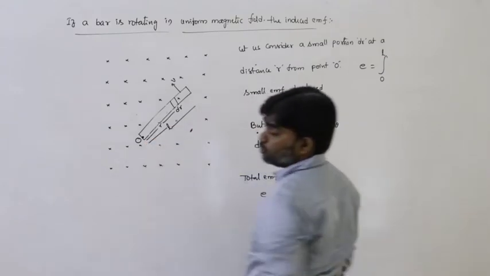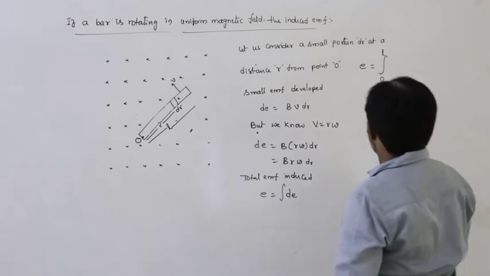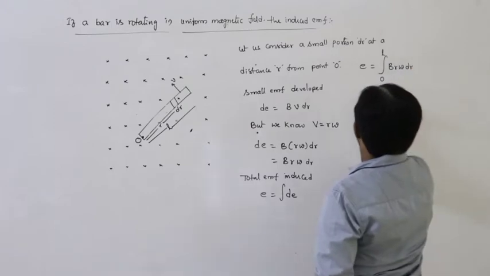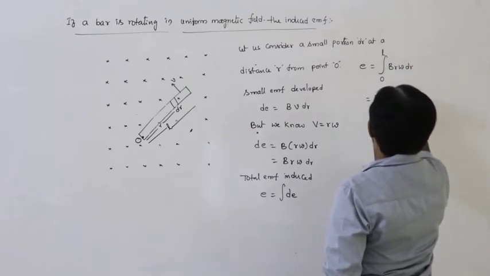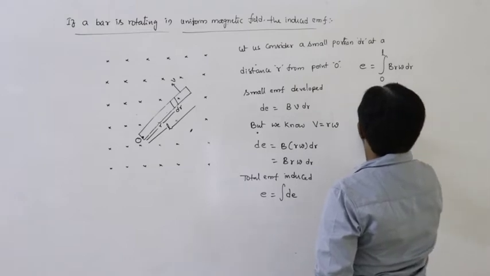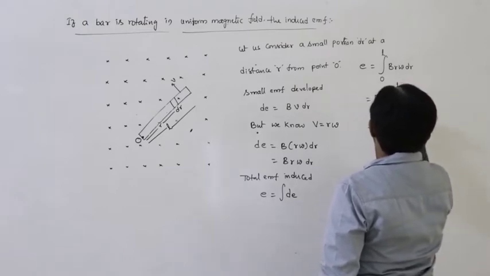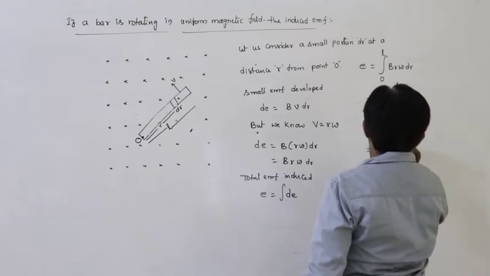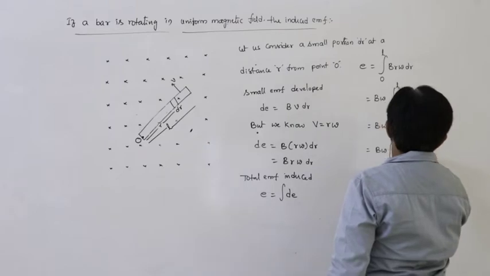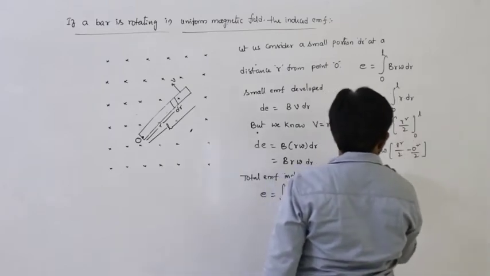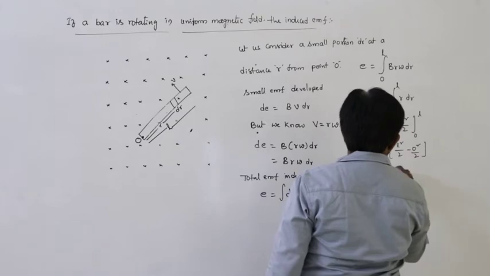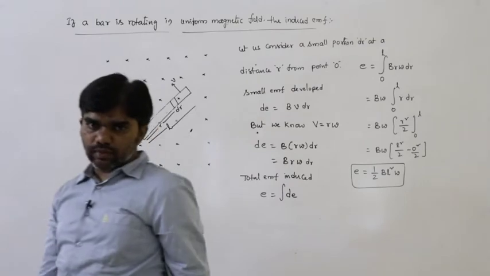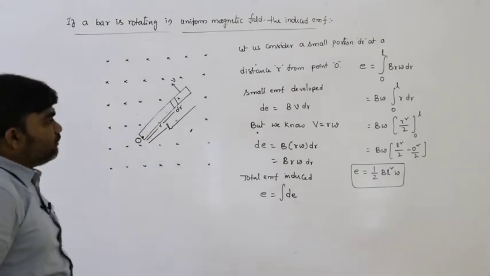So B omega times the integral of r dr from 0 to L. The integral of r dr is r square by 2, so B omega times L square by 2 minus 0. Therefore E equals half B L square omega. That is the EMF induced.